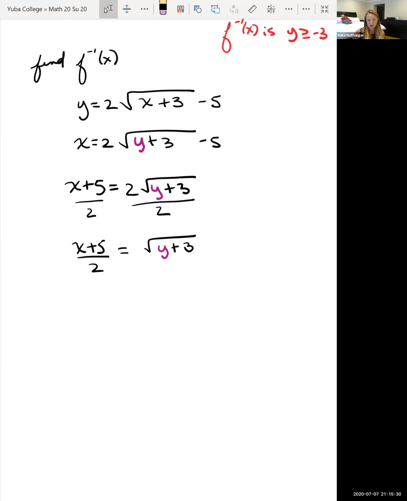To get rid of the radical, square both sides of our equation. So we get x plus 5 quantity squared in the numerator all over the denominator squared, which is 4, equals y plus 3.